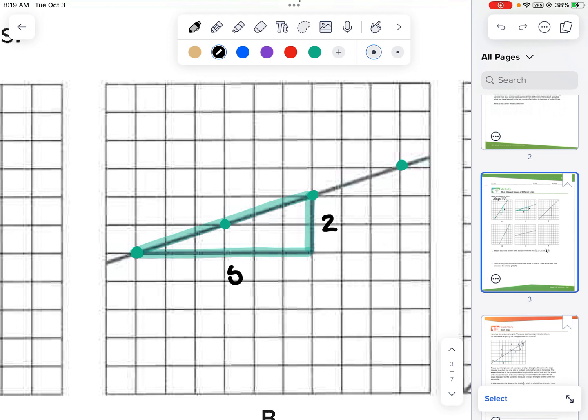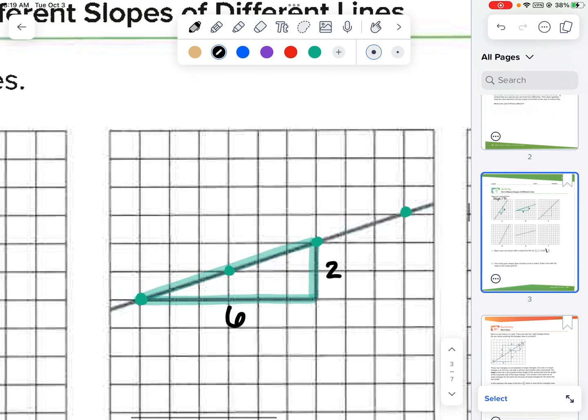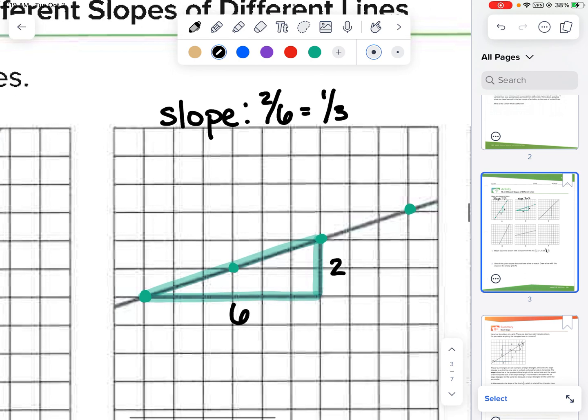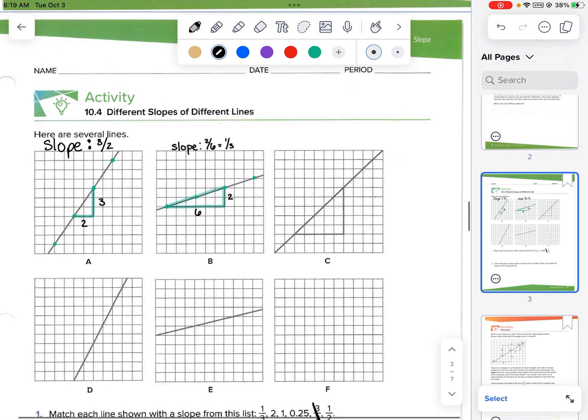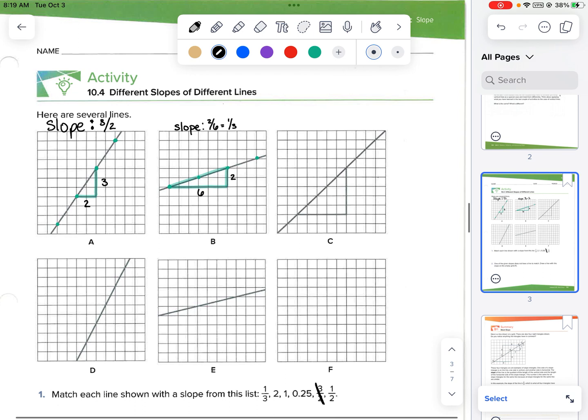Nope, sorry, 6. Making our slope 2 over 6 or 1 over 3. When we look at our list, 2 over 6 isn't listed, but 1/3 is. So we know we found one of the slopes.